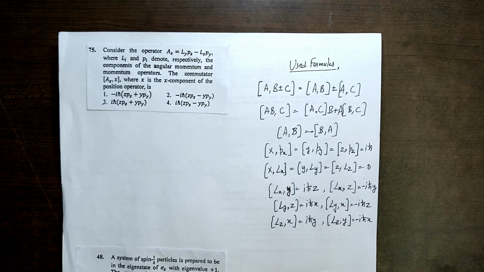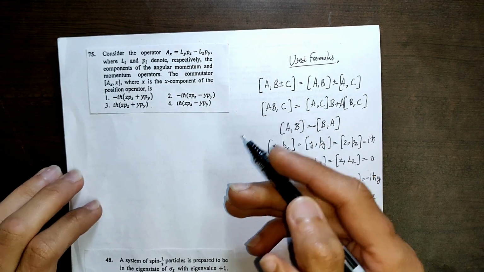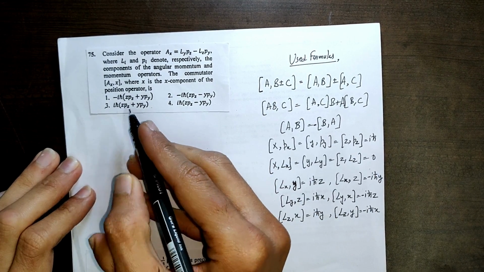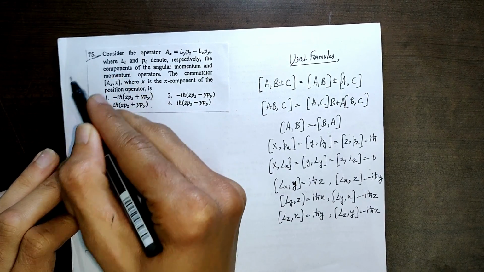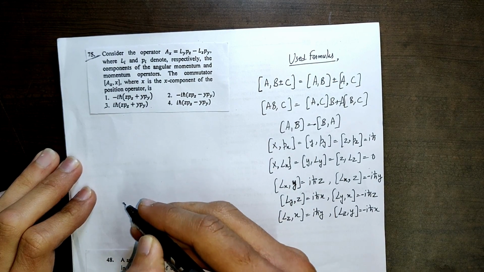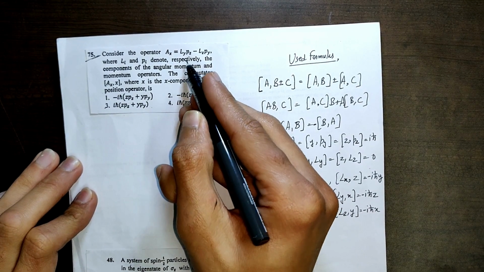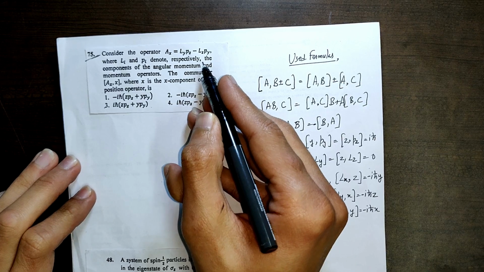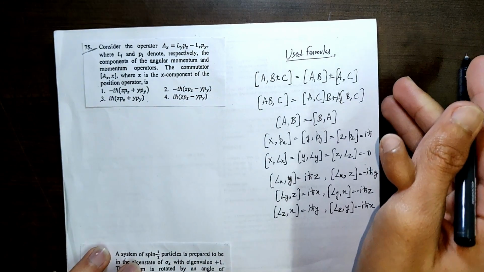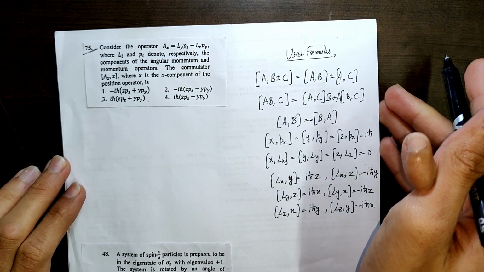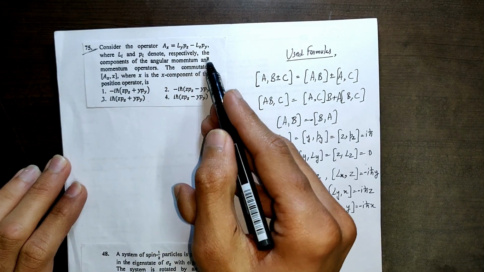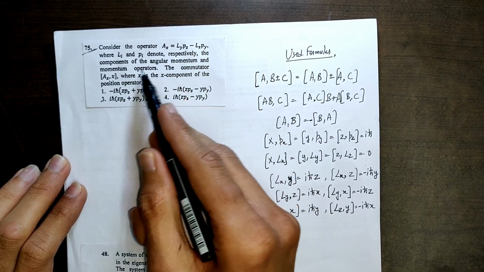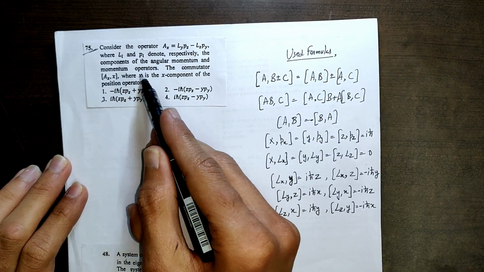So these are all 5 marks questions. So let's come to the 75th question. Consider the operator Ax is equal to Lypz minus Lzpy, where Li and Pi respectively denote the components of the angular momentum and the momentum operators.